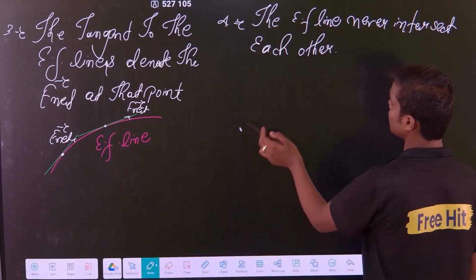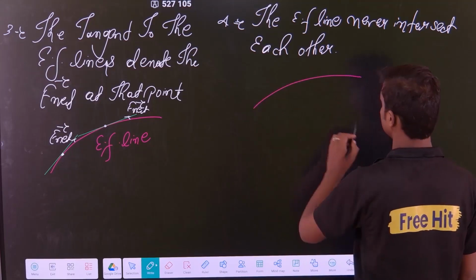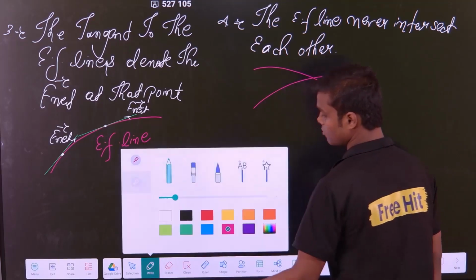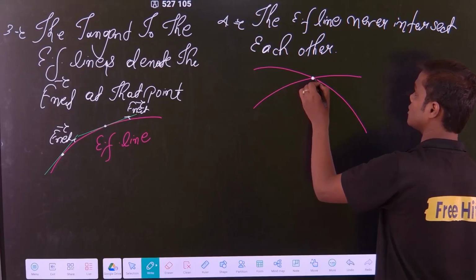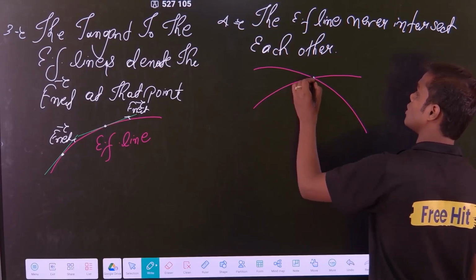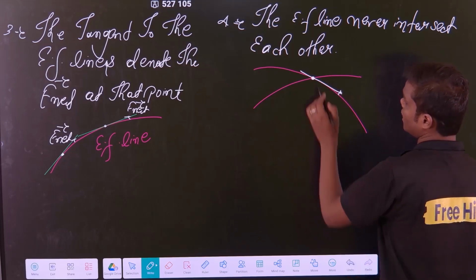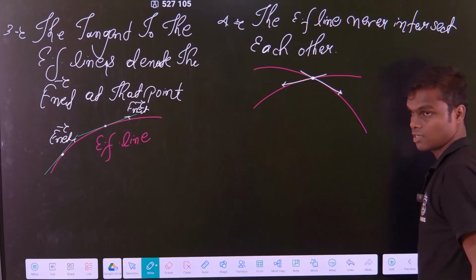See, suppose there is one electric field line in this direction, and suppose another in this direction, correct? Suppose they have intersected at these two points. At this point, if I draw the tangent on this curve, it will be in this direction, and on the other curve it will be like this.